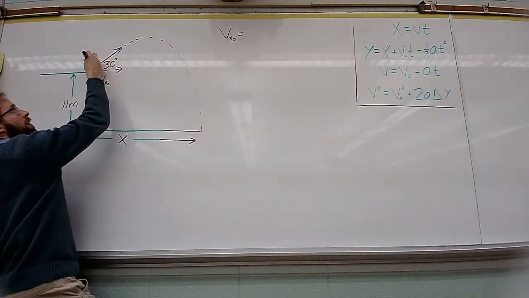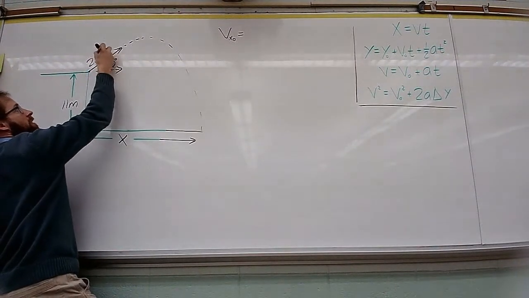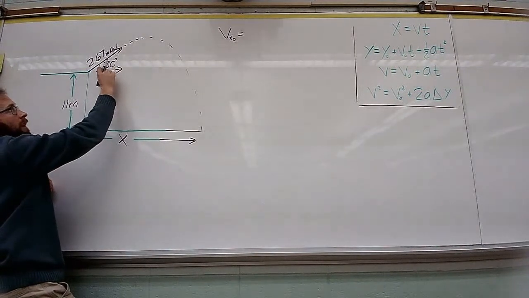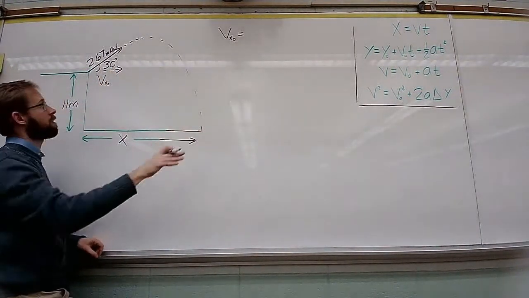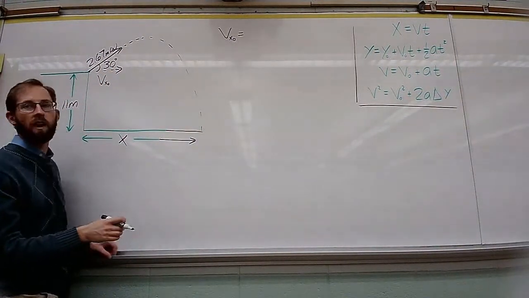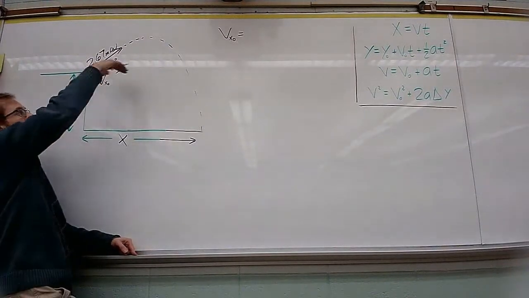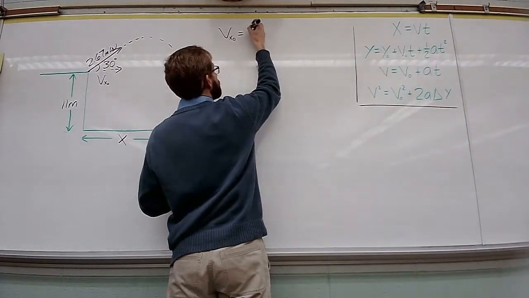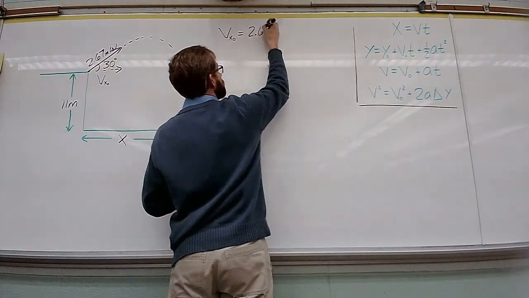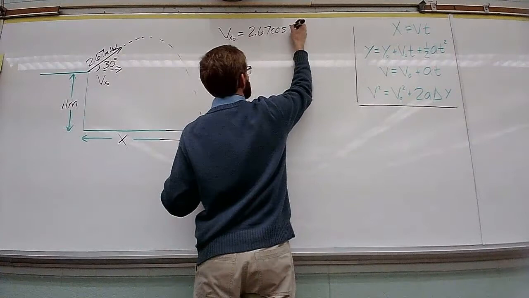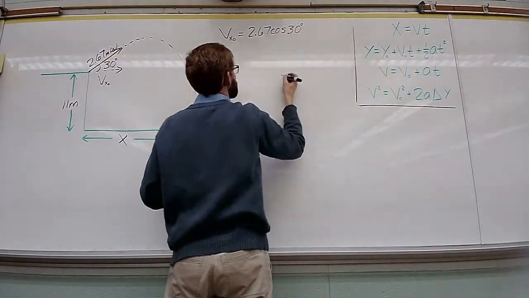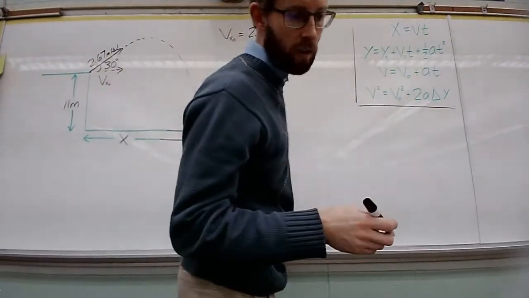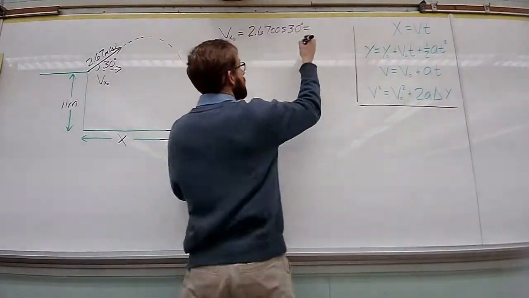We found the velocity was 2.67 in the last problem. So we have to figure out how much of that velocity is acting horizontally. And you can do that with a cosine function, because this is the adjacent side. And when you do that, you should get 2.3.